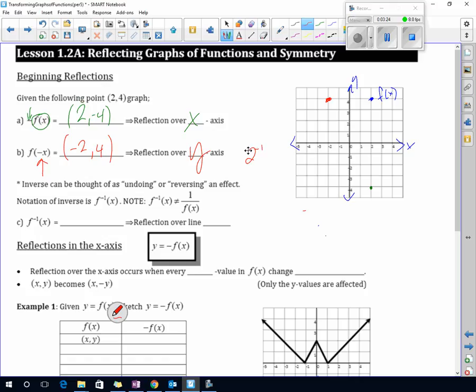Okay, so do you remember what inverse means? Maybe you don't. It's the method of undoing something. So this original function is if 2 goes into the function machine, 4 comes out. So if I want to undo it, what's going to go back in? Okay, watch this. 2 goes in, 4 comes out. We're going to go the other way. So what's coming back in? 4 goes in, 2 comes out.